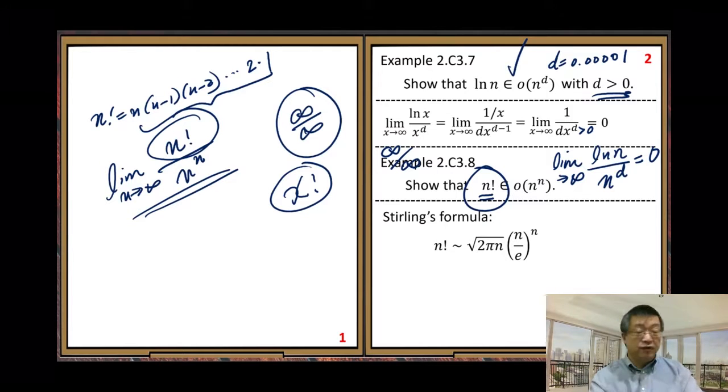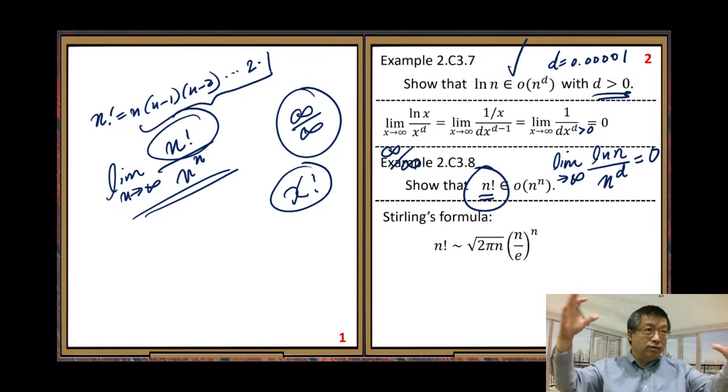The first version of the estimate is this one: n factorial is approximately equal to the square root of 2 pi n times, in parentheses, n over e, where e is the natural log base, 2.71828 and many more digits, all to the nth power.